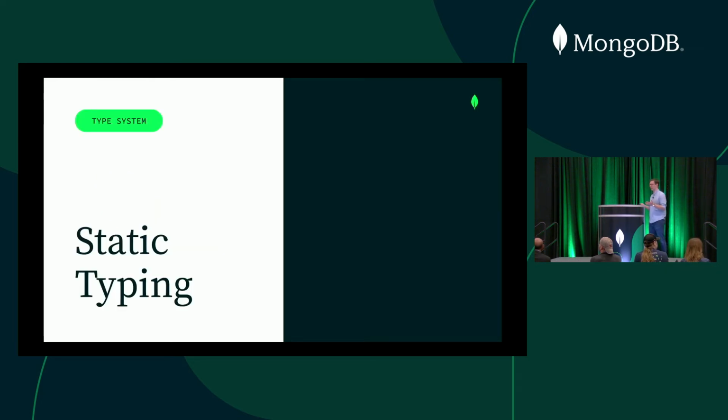Let's start with static typing. What does it actually buy us? One of the key benefits of static typing is that it allows us to perform type inference at compile time. Among other things, Atlas SQL uses type inference to deduce the schema of a query's result set without actually executing that query. And this might sound familiar.